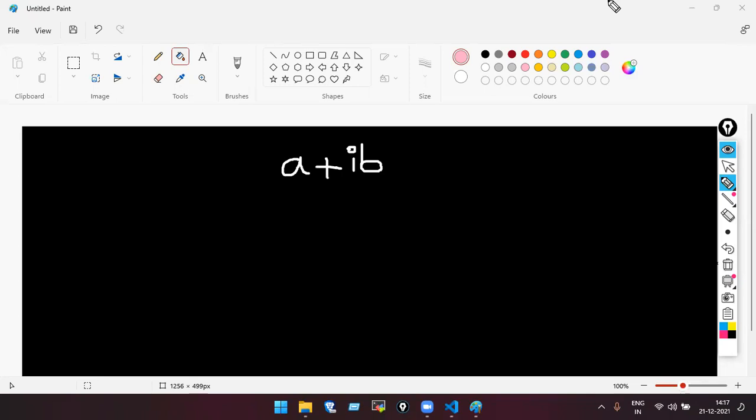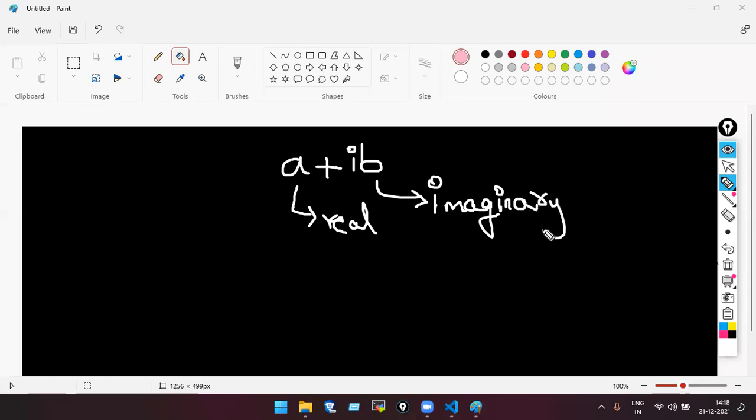In the form of a plus ib, where a means what? Real part. And b means what there? Imaginary part. This is what we used to think. A is the real part, b is the imaginary part. After i, whatever comes, it is what? Imaginary part.